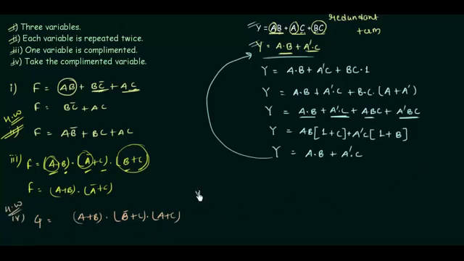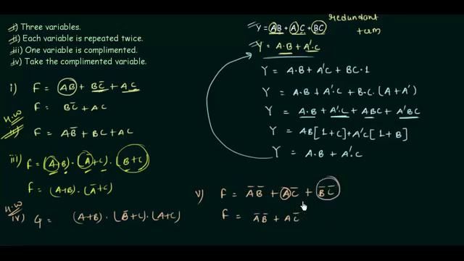And the fifth example is very important because it is different. We have A complement B complement, or A C complement, or B complement C complement. In this you can see all the terms are complemented except A. So we have to just follow these steps, and I will write the function as A complement B complement, or A C complement.